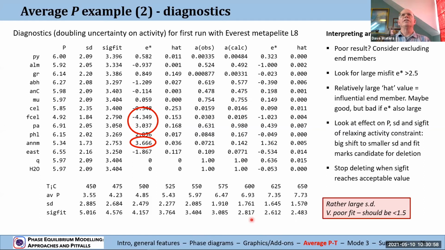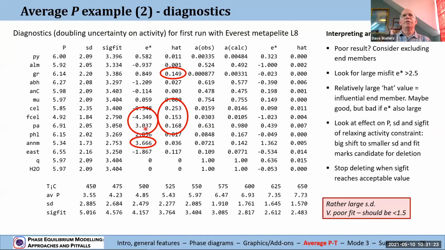Next thing you can look at is this hat column here. The hat matrix is something that tells you something about how influential individual end members are in your calculation, and that's highlighted. It's highlighted grossular here, but you'll see that grossular is associated with a very low misfit, so it means it's influential in a good way. Some of the ones down here, though, influential potentially in a bad way.